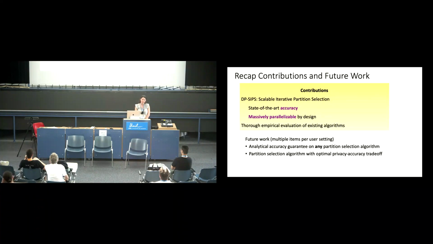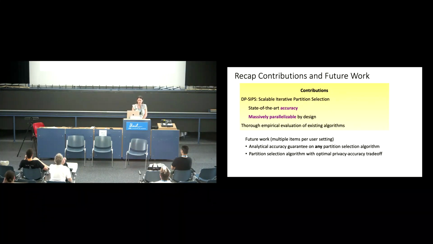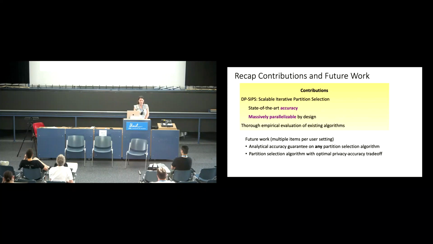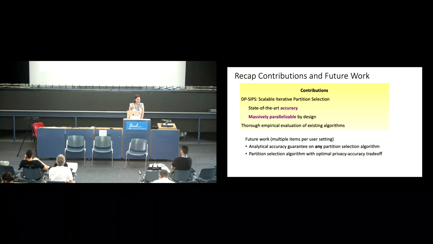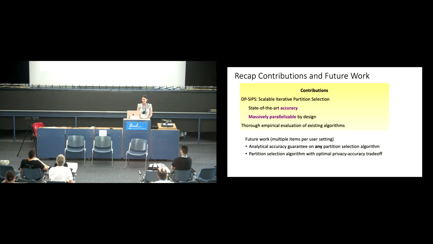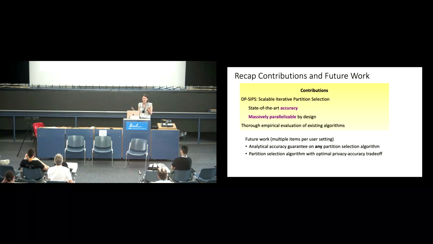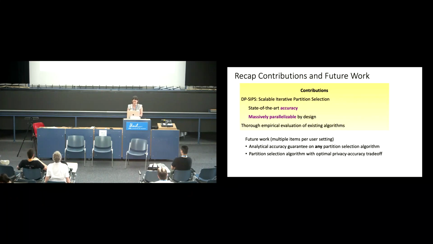In the future, it would be amazing if we could get some analytical accuracy guarantees for really any of these partition selection algorithms. Within our setting, no such analysis has been done. And then even more pie in the sky would be to find an algorithm that has an optimal privacy and accuracy trade-off within this setting.